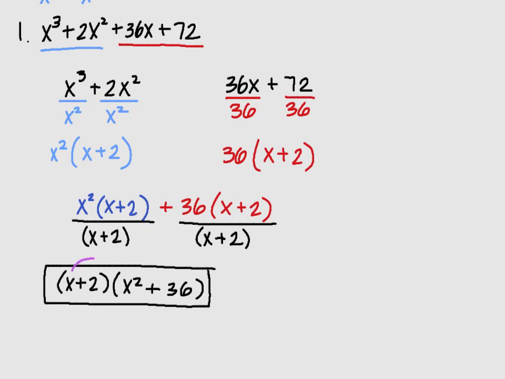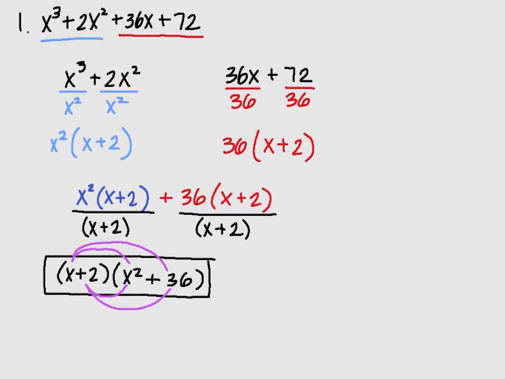I'm going to take x times x squared, x times 36, 2 times x squared, 2 times 36, and I end up getting x cubed plus 36x plus 2x squared plus 72.